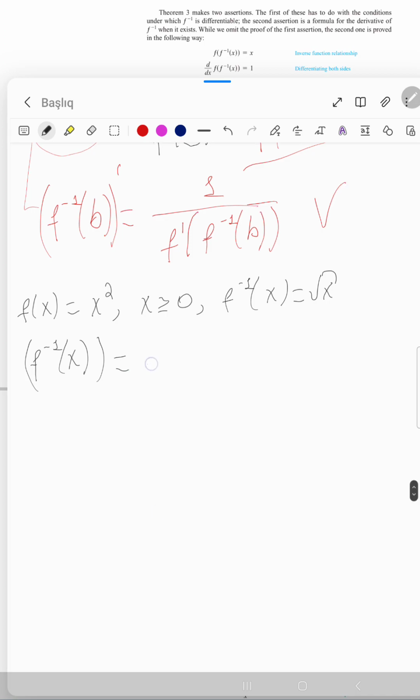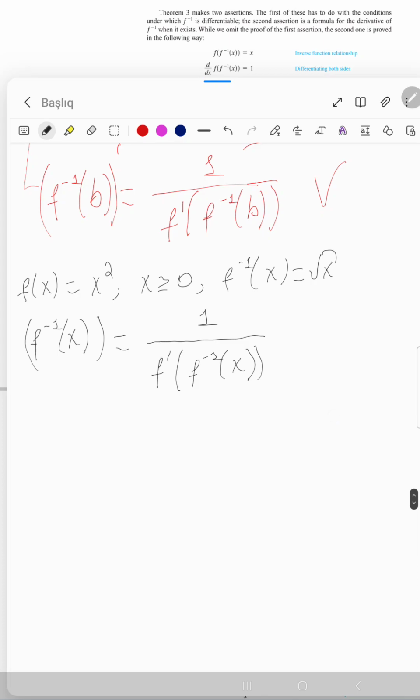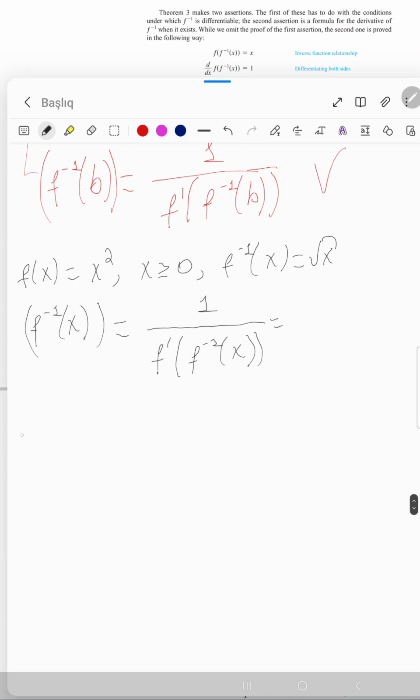It equals, we write the formula, 1 over f derivative at f inverse x, which is 1 over f derivative at square root of x. Why? Because f inverse x is square root of x. We'll just plug in here.